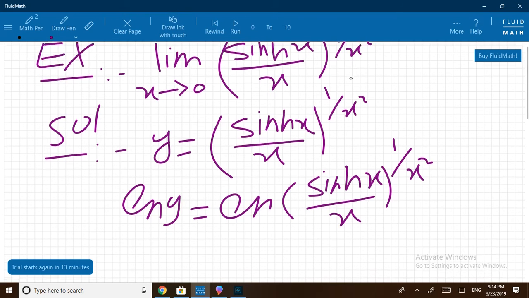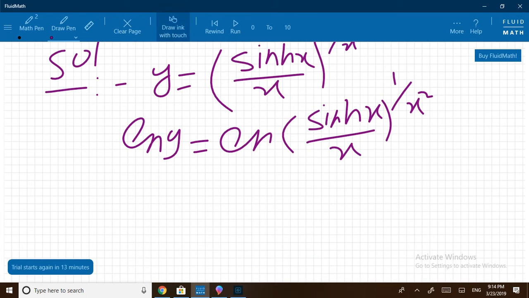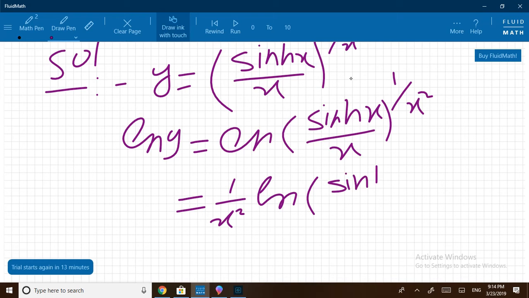So by the property of log, we can write the exponent 1 divided by x square before the log, meaning we can write 1 over x square times the natural log of sinh x divided by x.